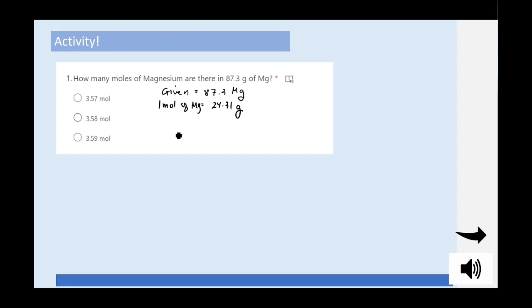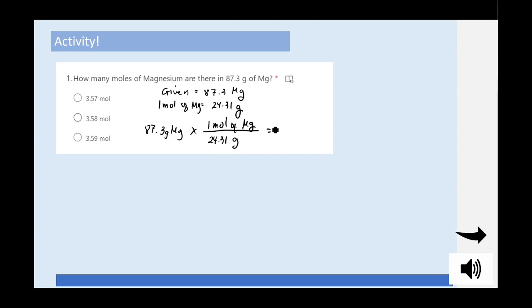So when we convert it, class, let's write the given first, which is 87.3 grams of magnesium times, again, we need to cancel out our grams. So grams, 24.31, goes in the denominator, and the numerator will be 1 mole of magnesium.